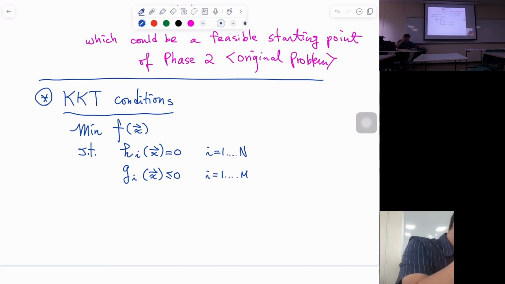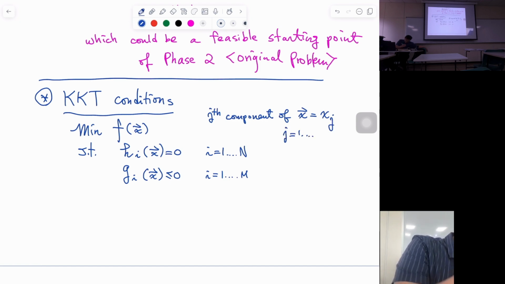Okay? And for the variable, I'm going to say the jth component of x equals to xj, and j goes from 1 to, for example, k. Okay, just to define this properly.